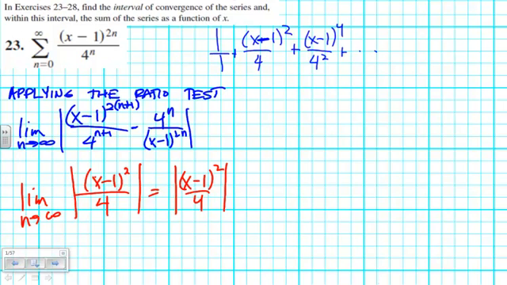So we could say this is a geometric series with a equals 1 and r equal to x minus 1 squared over 4. Therefore it converges to 1 over 1 minus x minus 1 squared over 4.